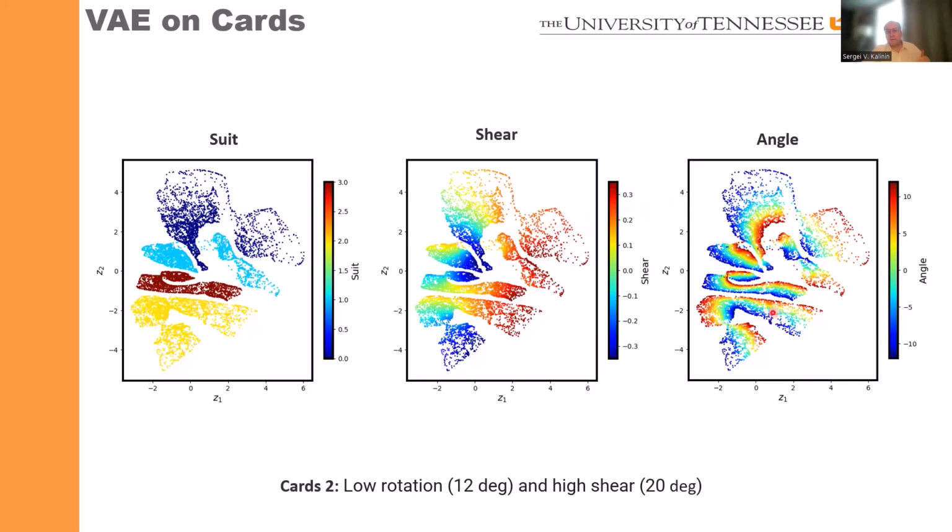For example, I could say that I want the angle to be aligned with the latent variable z1, and then the shear would also be much better behaved because it always tries to be perpendicular to the angle. What you would see in this case is that the shears would be distributed much more randomly. So there is no free lunch. But anyway, let's go to the next example.